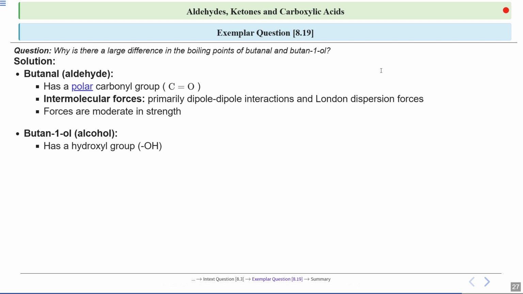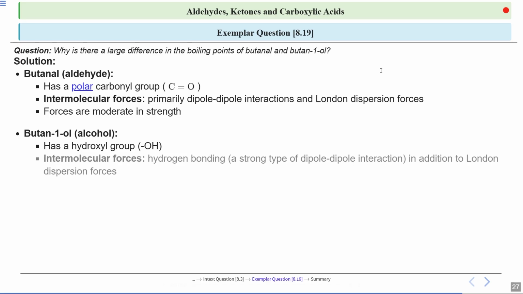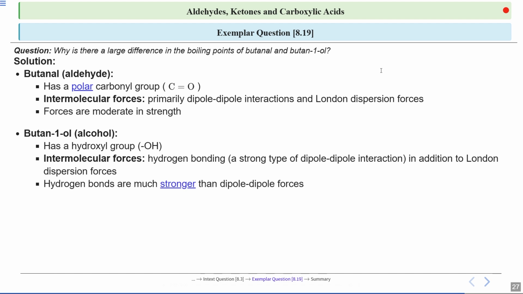Hydrogen bonds are a type of dipole-dipole interaction, but they are much stronger because of the presence of a hydrogen atom which is bonded to an electronegative atom like oxygen. So in butane 1-ol, the intermolecular forces include hydrogen bonding and London dispersion forces. Hydrogen bonds are particularly strong, which makes them the dominant force in determining the boiling point.